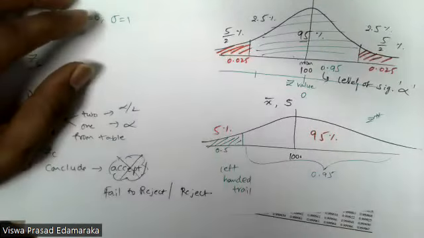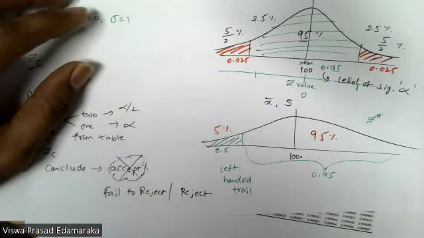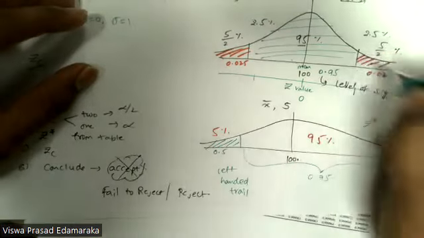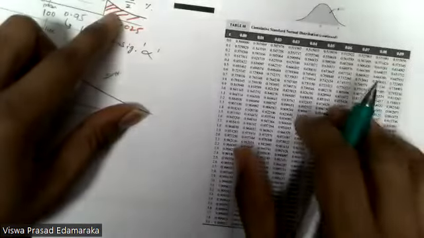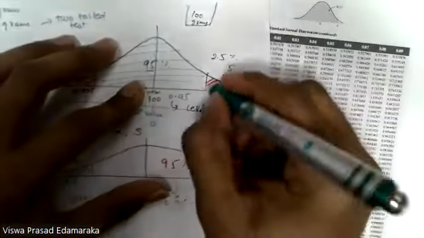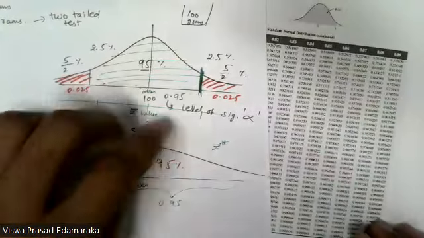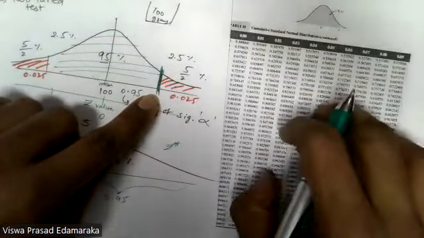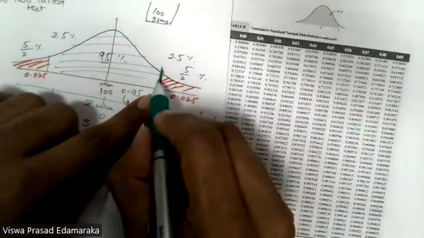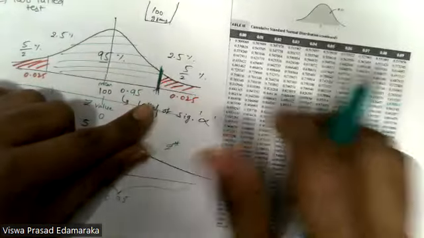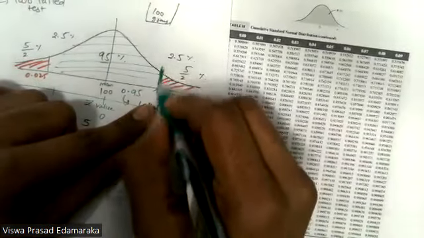That means the values in the table lie here.